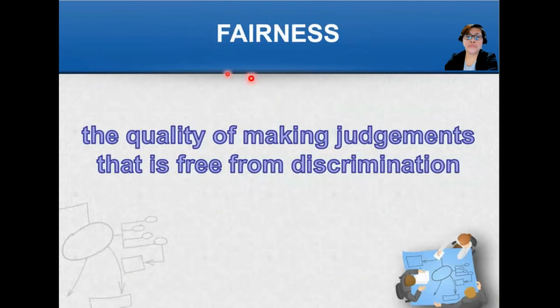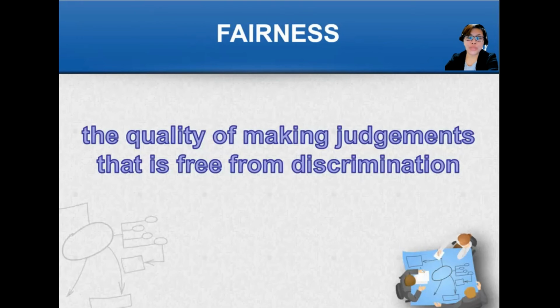First is fairness. Okay, so fairness comes from the Old English word fager, which means pleasing or attractive. It is the quality of making judgments that are free from discrimination.